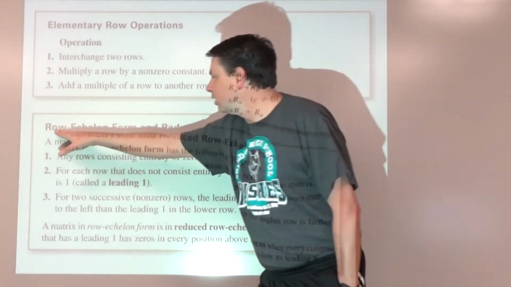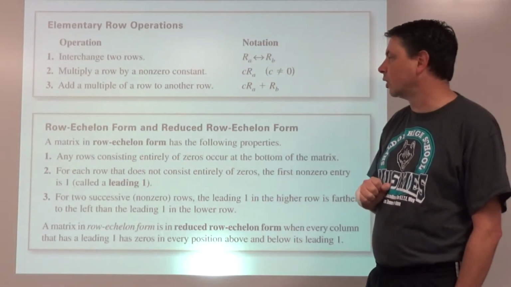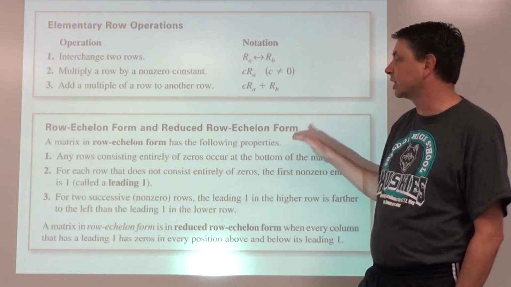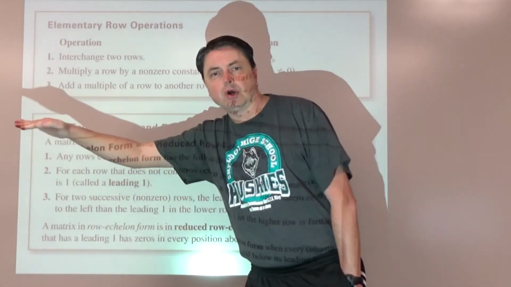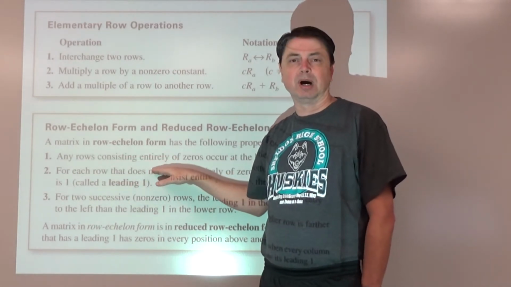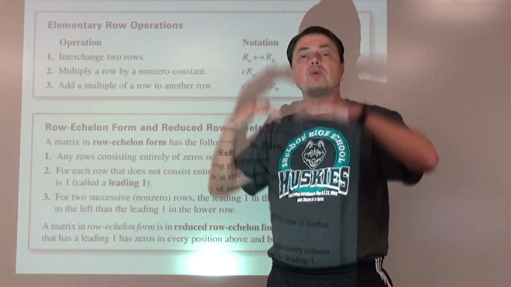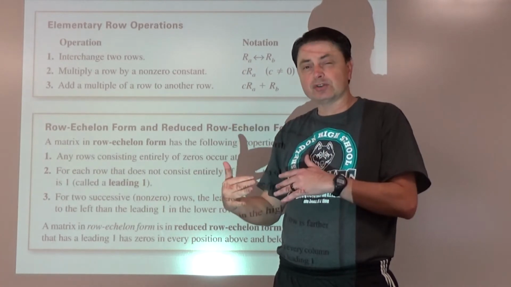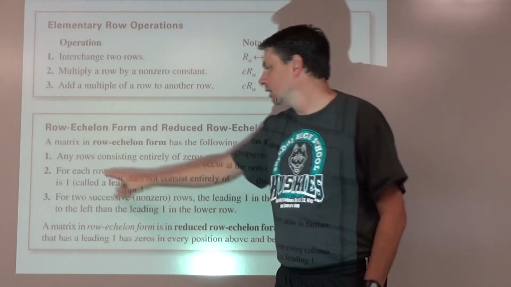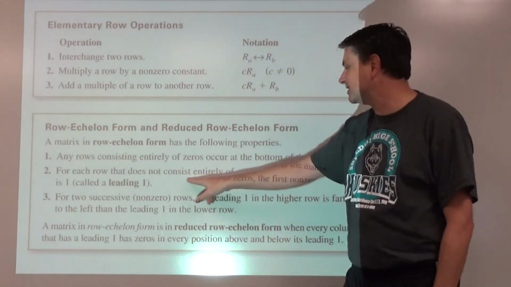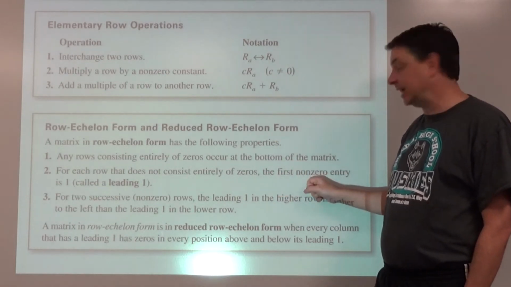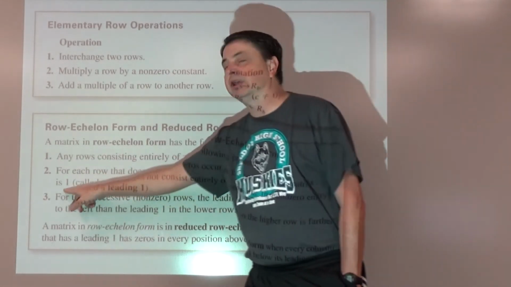So definition of row echelon form for a matrix, and then we'll talk a little bit about reduced row echelon form. Here are the requirements. Number 1, if there are any rows that are all zeros all the way across, they have to occur at the bottom. So we can't have any rows of non-zero entries below a row that has all zeros. Number 2, for each row that does not have all zeros, the first entry that isn't a 0 needs to be a 1.